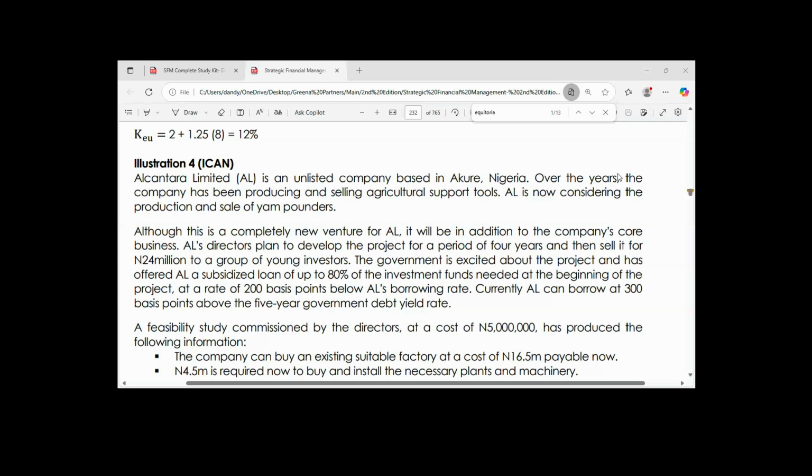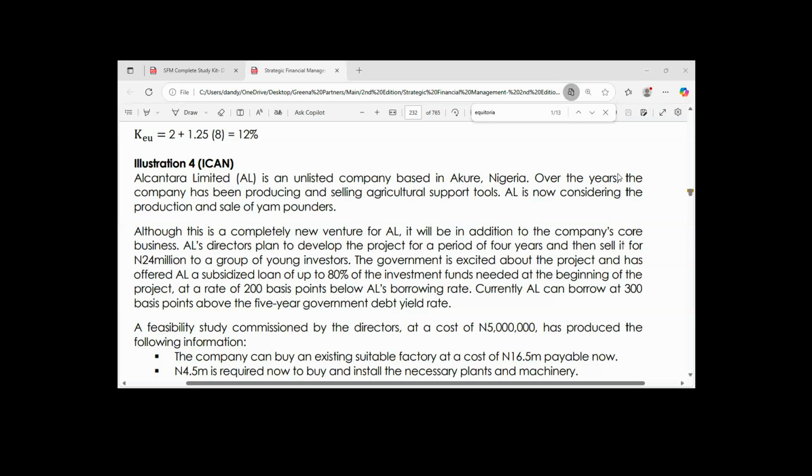What is the interest expense on the subsidized loan? What is the interest expense paid on the normal borrowing? To get the interest expense on the subsidized loan, you multiply the interest rate on the subsidy by the subsidy amount. That will give you the interest expense on the subsidized loan.